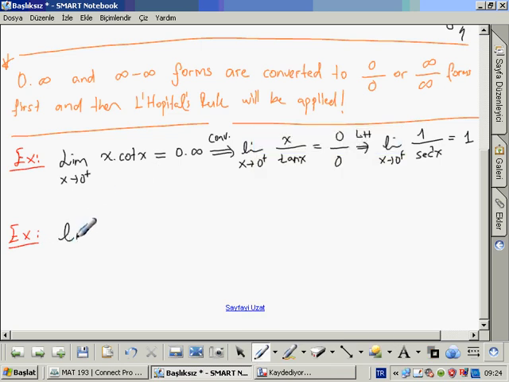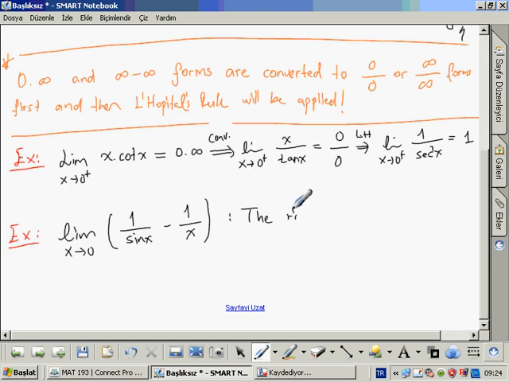The limit x equals to 0, 1 over sine x minus 1 over x. As you see, this is a minus infinity indeterminate form. The right hand and the left hand limits are important, don't forget it. These types are very critical limits.